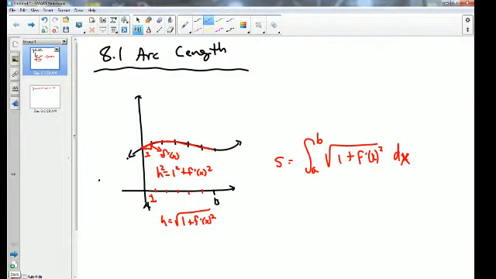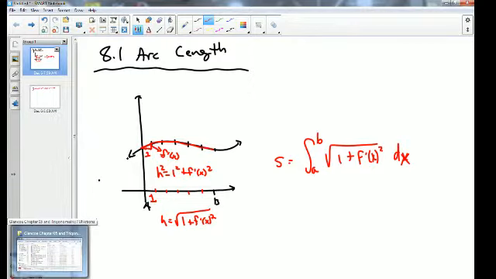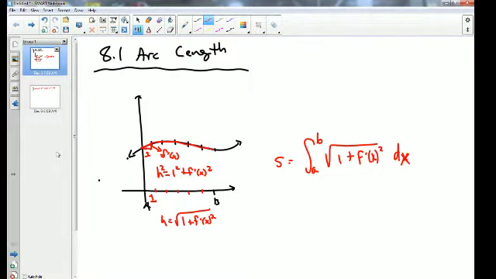This will involve a limit: the partition size goes to 0 or the number of partitions goes to infinity. That's what an integral is. There's a little bit of theoretical calculus between the two, but you get the idea of where it comes from. It's how people think through this kind of stuff to develop new formulas.